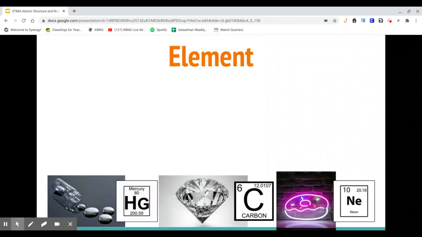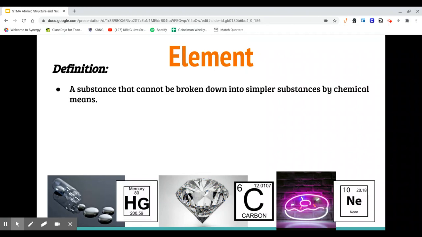Now, if we look at matter and its composition and structure a little more clearly, we're going to see that there are differences in different substances, meaning that there are different elements. An element, by definition, is a substance that cannot be broken down into a simpler substance by chemical means. An atom of oxygen is just that element.